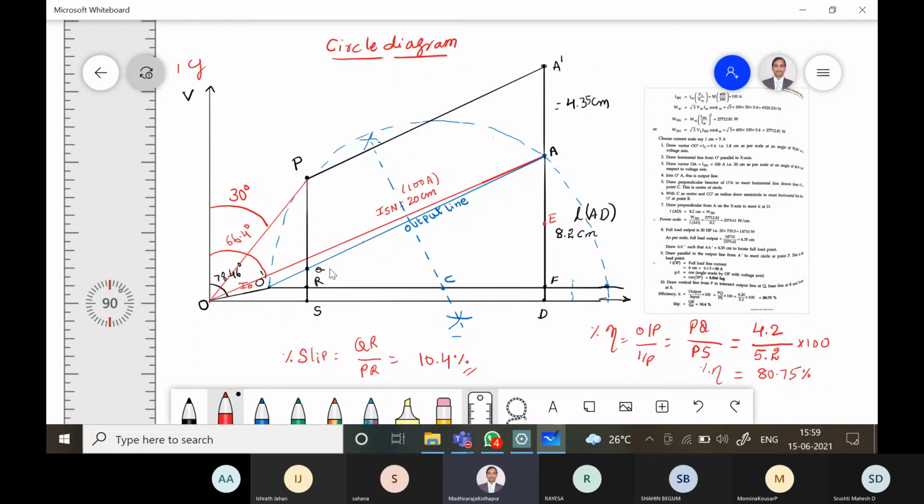Join these two, and this is the torque line you will get. Draw a line parallel to the torque line, tangential to the semicircle at the top side, and from that point draw the perpendicular to the torque line. That is the maximum torque you will get.